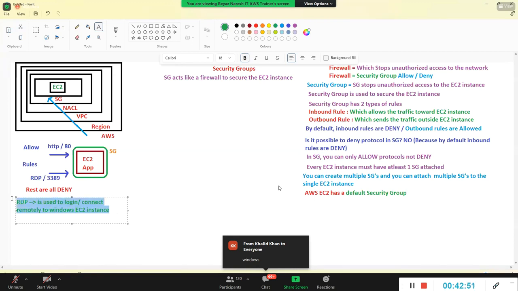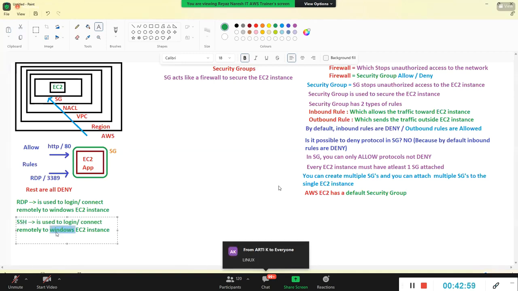And SSH is used to connect to a Linux EC2 instance, whereas HTTP or HTTPS is used to access the applications.